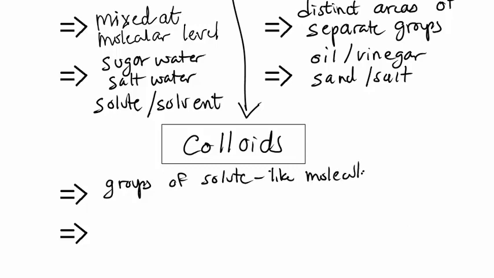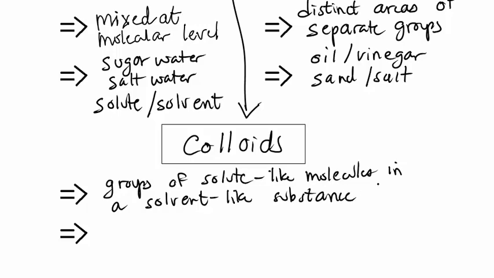So not single molecules, but groups of solute-like molecules in a solvent-like substance. Instead of individual molecules mixed on a molecular level, like a homogeneous mixture, they are in groups. They're suspended, and they don't tend to settle out like oil and vinegar and other heterogeneous ones would.